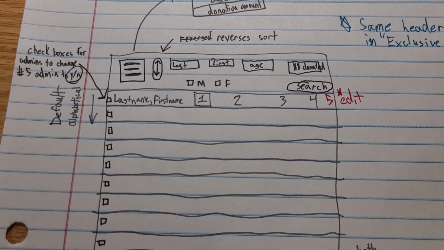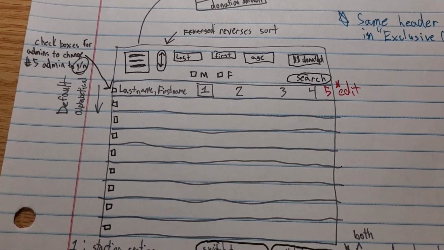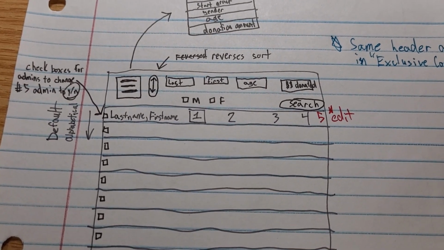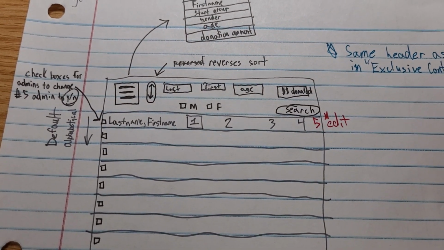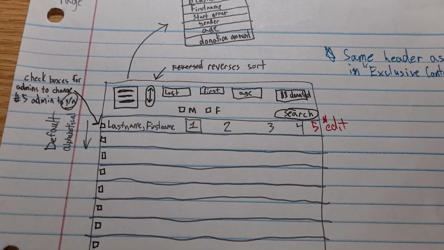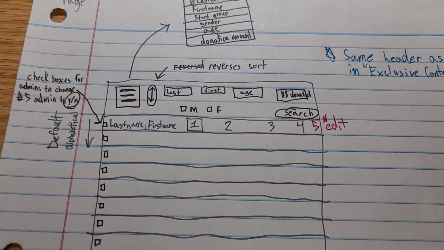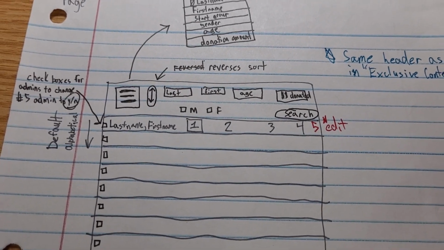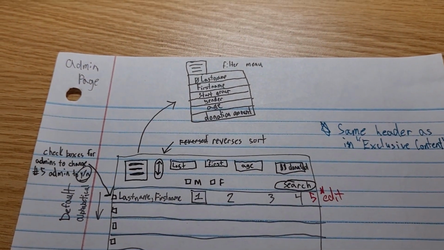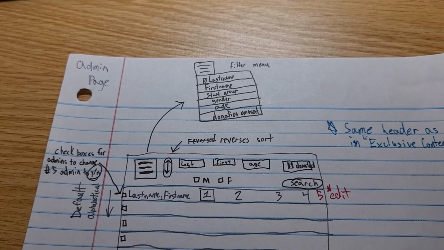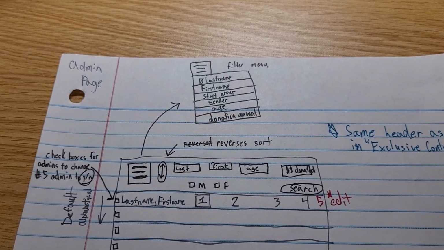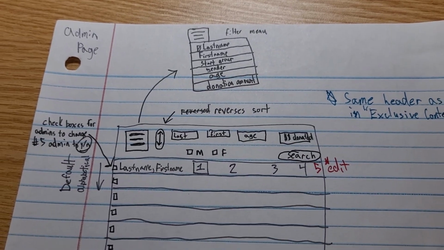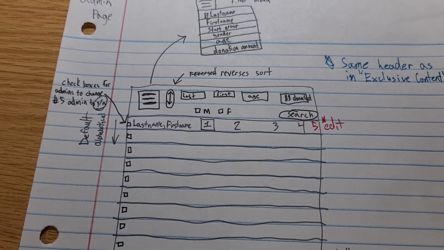In order to do that, we have the male, female checkbox button, search button, last, first name, age, and amount donated that you can use to sort, and you can flip the sorting to be from top to bottom. So if it's alphabetical or amount donated, least to greatest or greatest to least. And that menu right there are our filter menus, and that's what you'll use to figure out how to filter out these people. And that is what we have.